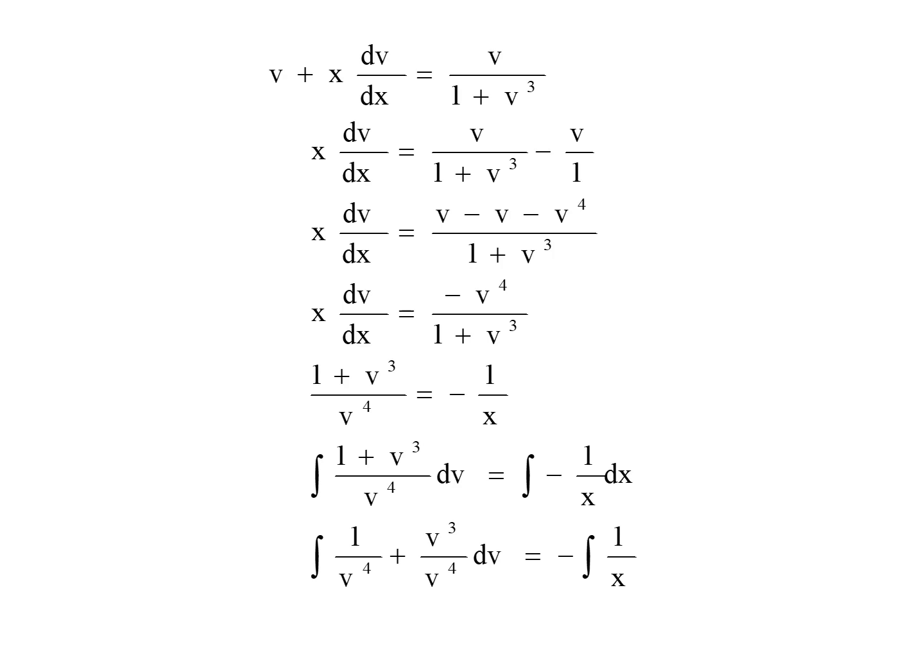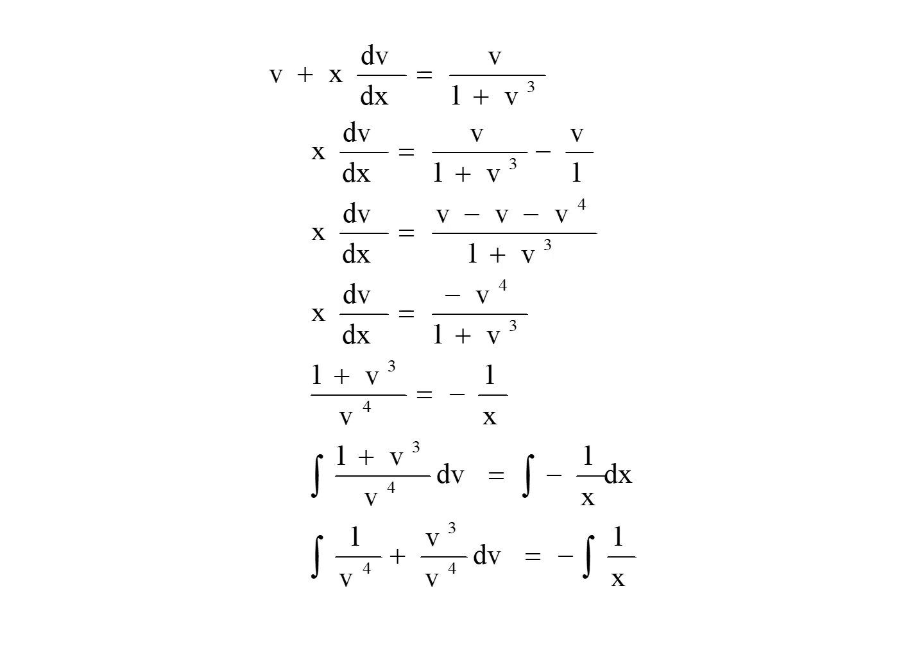And in the next line, we are going to separate v variables on one side and x variables on another side, and after applying integral on both the sides, it becomes integral of (1 plus v cube) by v power 4 into dv is equal to integral of minus 1 by x into dx.